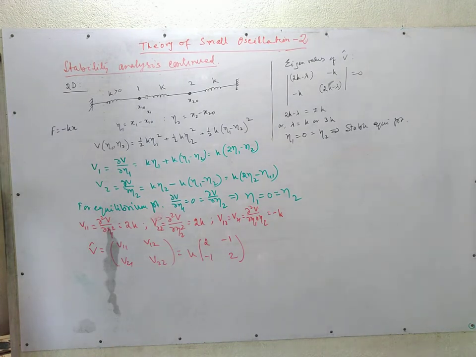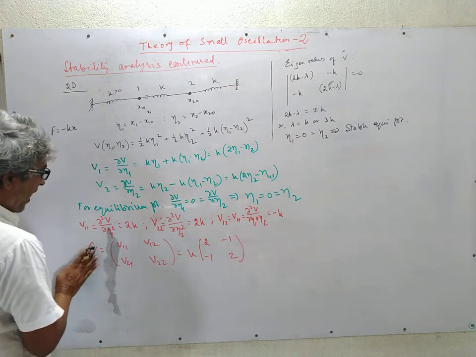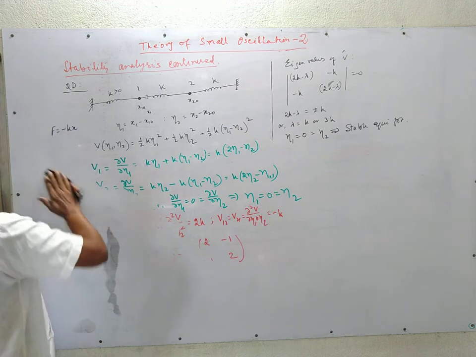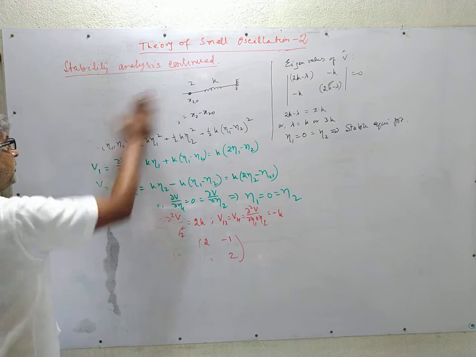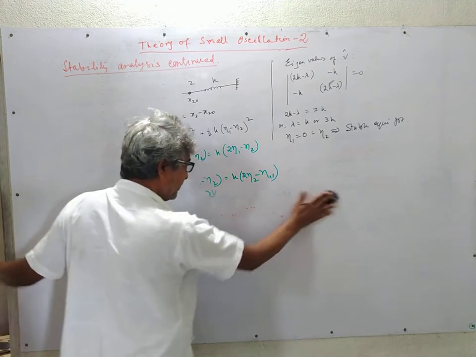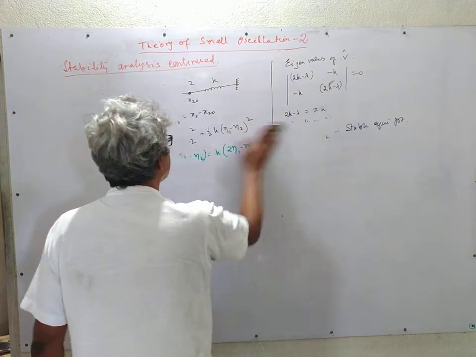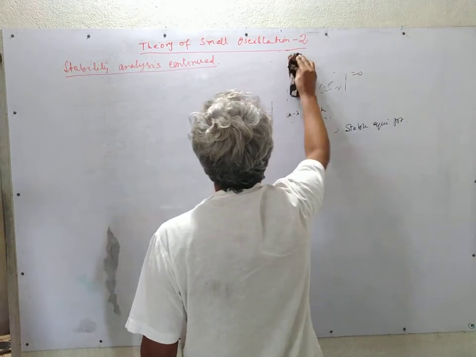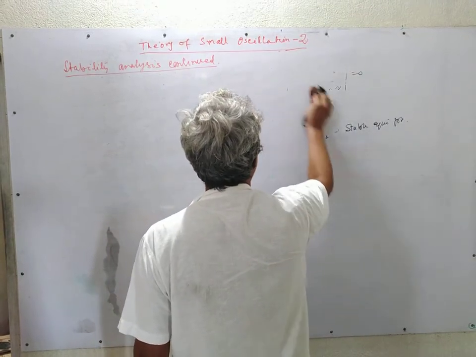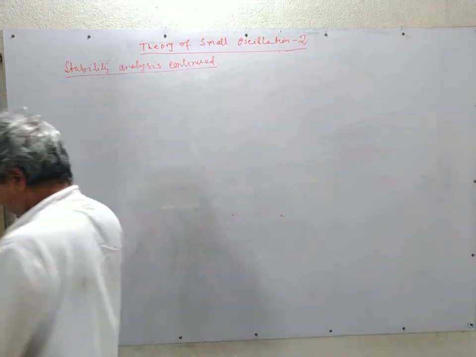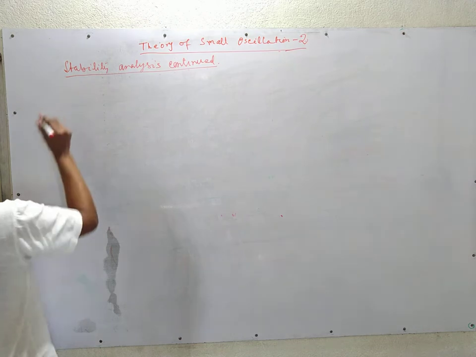Now we shall consider another example, which is a linear triatomic molecule. So another problem of this sort. This is a three-dimensional problem. That is, we consider a linear triatomic molecule, say, for example, the carbon dioxide molecule, in which there is one atom at the center and on either side of it there are two other atoms.